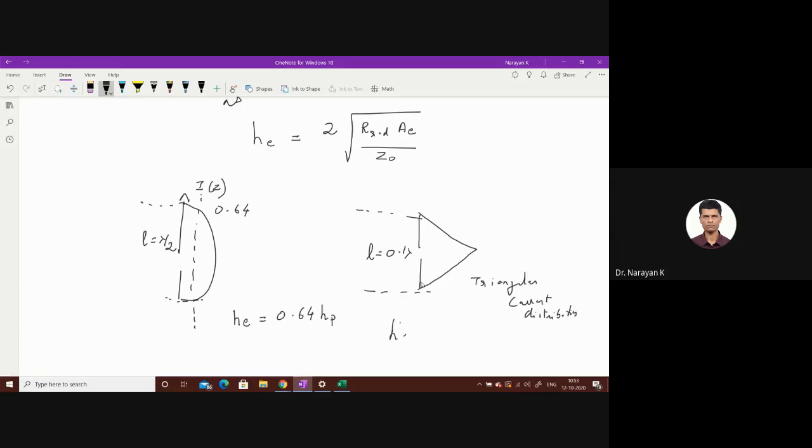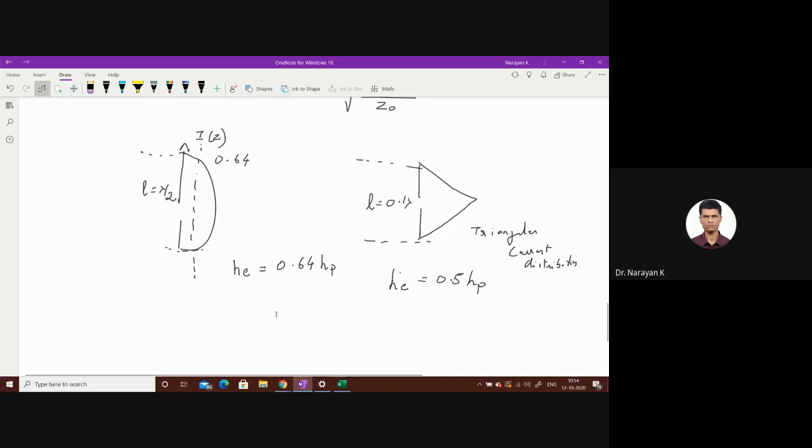So your effective height is equal to 0.5 times the physical height of the antenna. So it depends upon how the current is distributed in the antenna. You got my point? Yes, sir. Okay. Anything you want to ask?